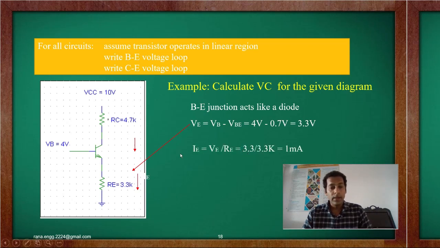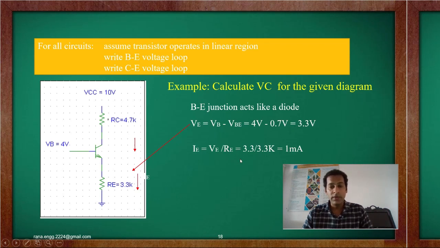Then if we calculate IE, the emitter current, again by Ohm's law, current is equal to voltage by resistance. Now here the current is for the emitter, so we write it IE, the voltage for the emitter, so VE, and the resistance RE. Ohm's law is applied to this particular part where current is IE, voltage is VE, and resistance is also related to the emitter.